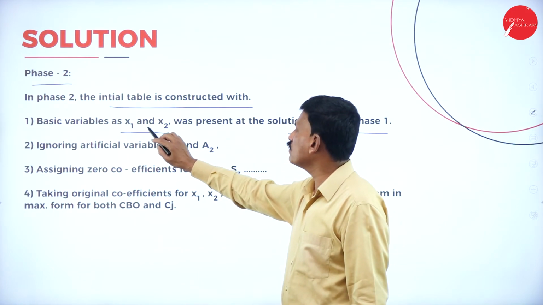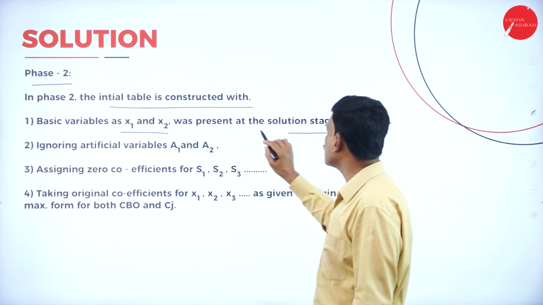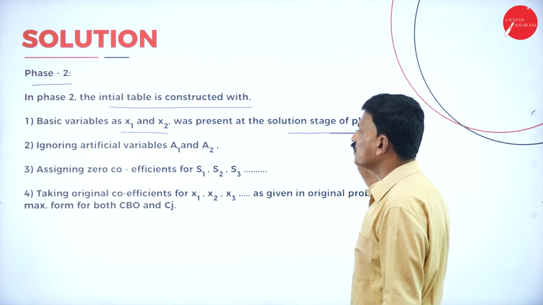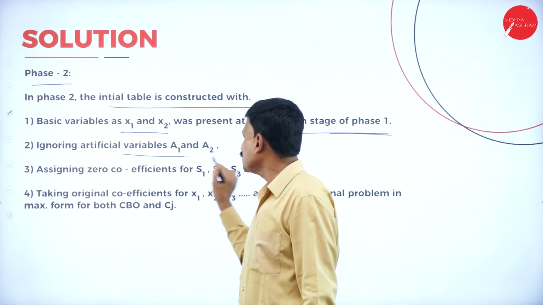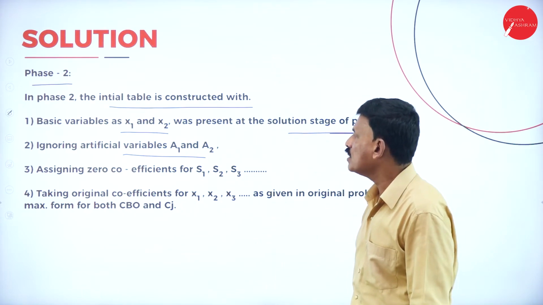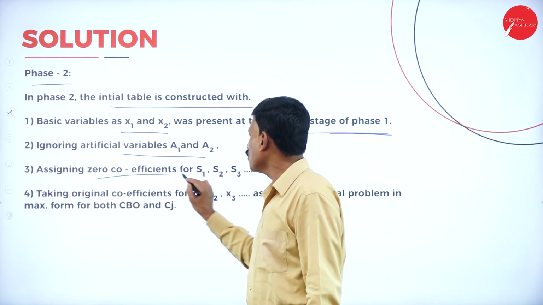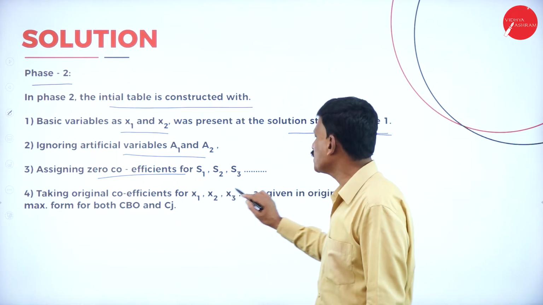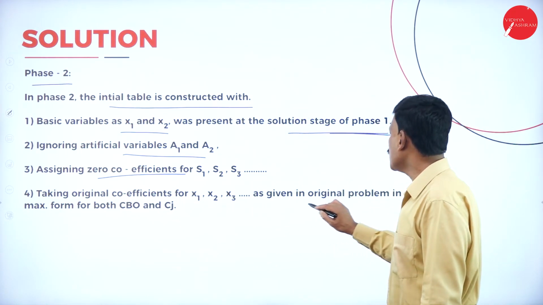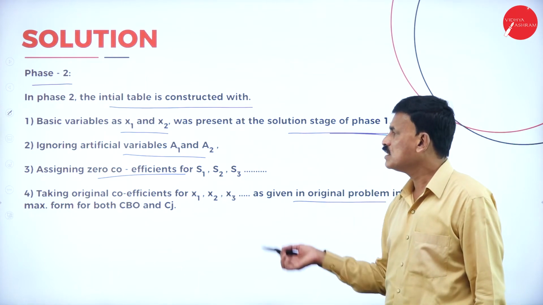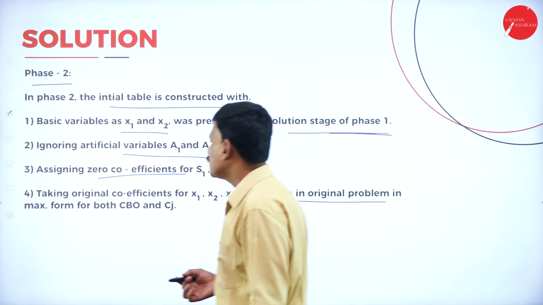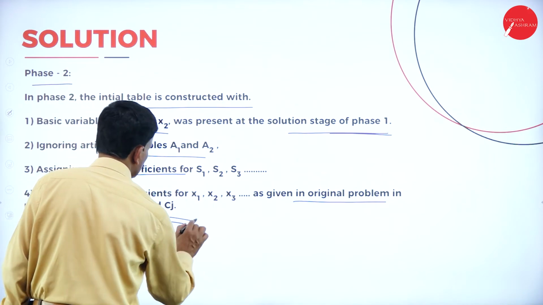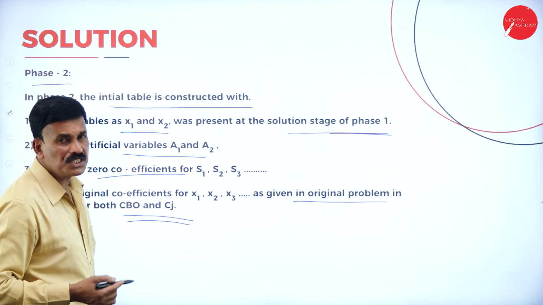Ignoring the artificial variables a1 and a2, assuming 0 coefficients for s1, s2, s3 and taking the original coefficients of x1, x2, x3 as given in the original problem for max z, we take the coefficients of the basic variables in the next iteration table.